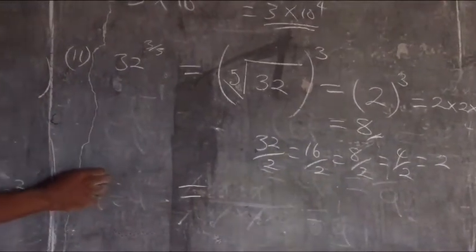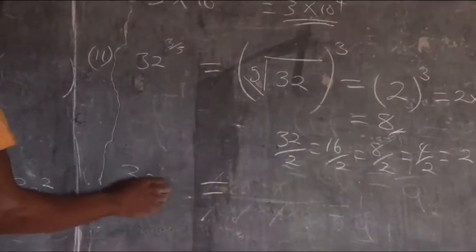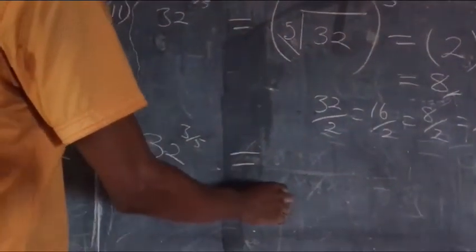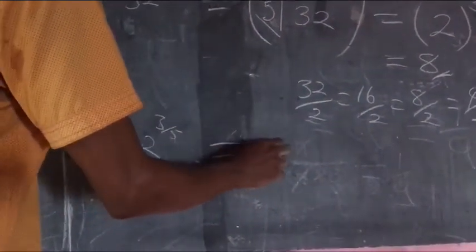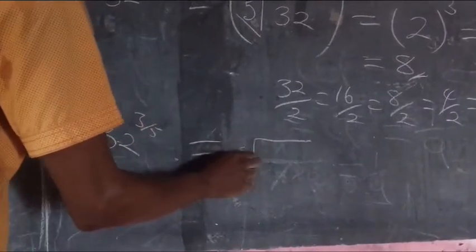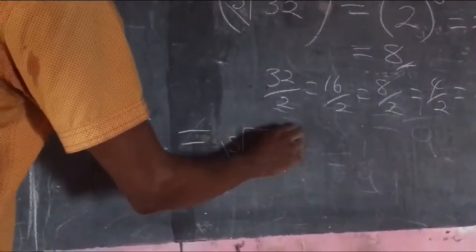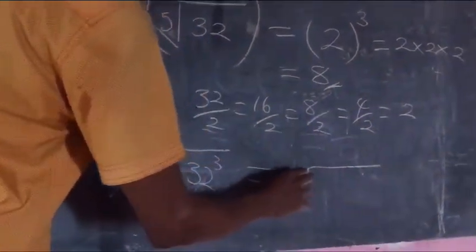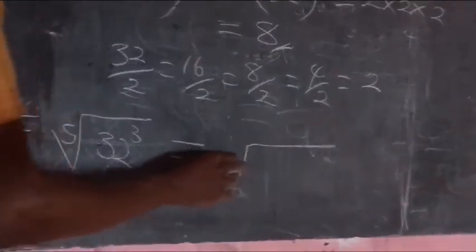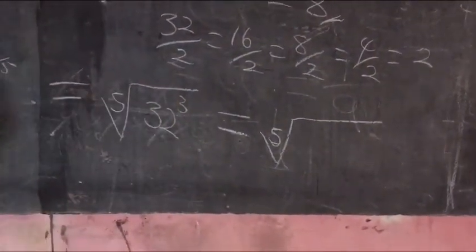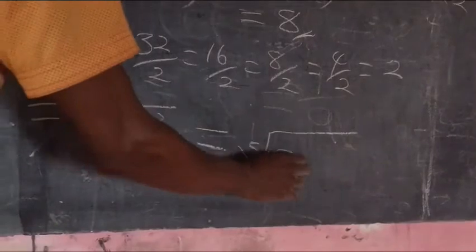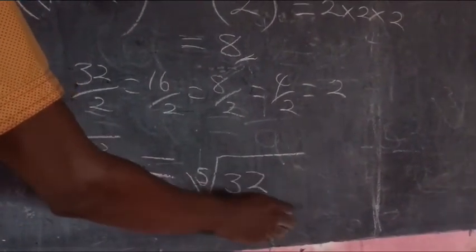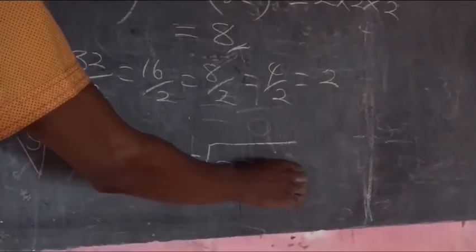Another way we can do it. If you say 32 raised to power 3 over 5 like this, it's either we say the 5th root of 32, raised to power 3. Then the 5th root of 32 raised to power 3 will give us 32768.